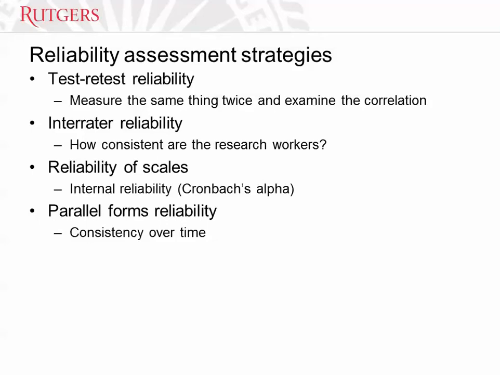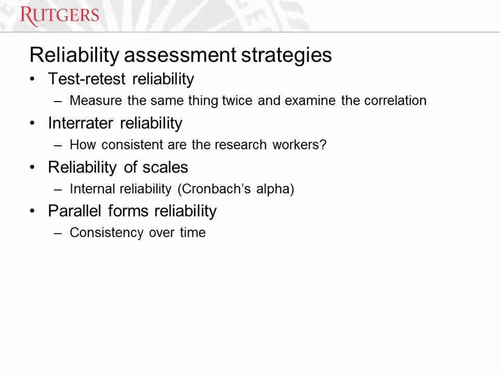We can test something and then retest it. So conduct two measurements of the same thing, measure the same thing twice, and then examine the correlation. So we might assess the reliability of a reading test by giving it twice to the same group of students within a short period of time, let's say a week, so that it would not be reasonable that they would learn a great deal more in the time in between.